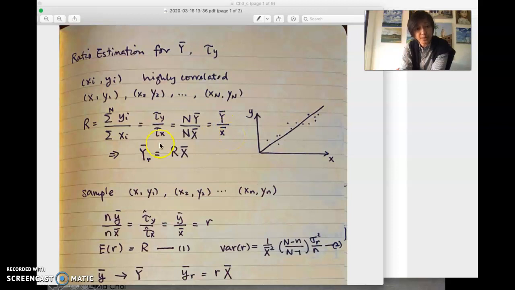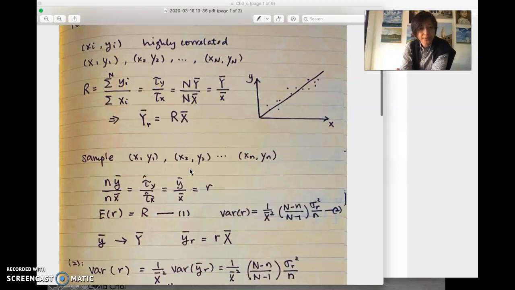If I move the x bar to the left-hand side multiplying R, we can find the relationship between the y bar and the ratio multiplied by x bar. Now, if I don't have all the information from the population, I'm going to take a sample out of it.